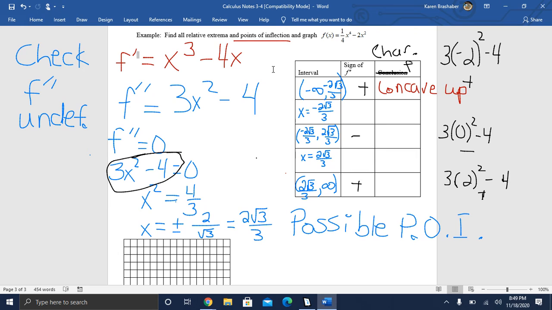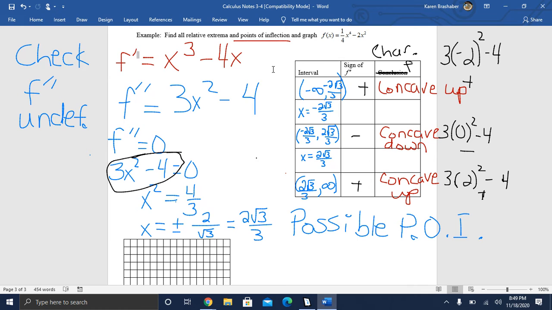So just make sure that you know what that stands for. And then concave down would be our next conclusion, since the second derivative is negative. And then since the second derivative is back to a positive, we have concave up in that last interval.